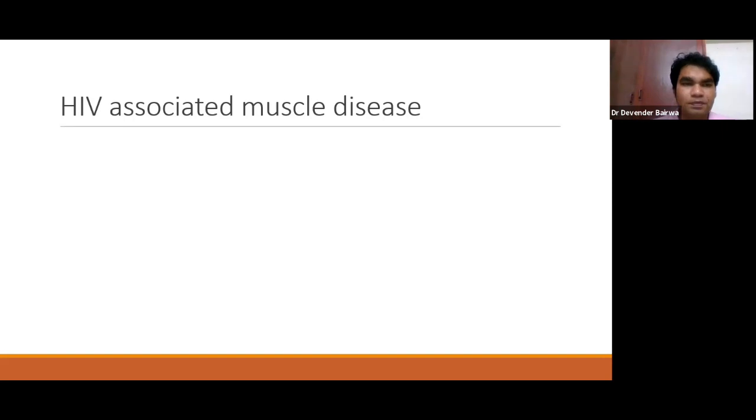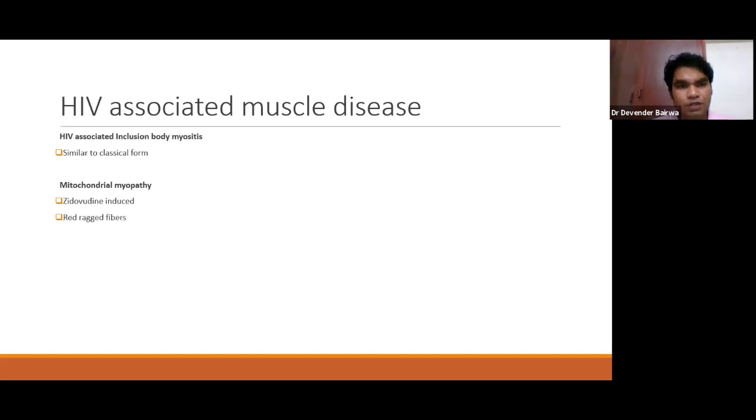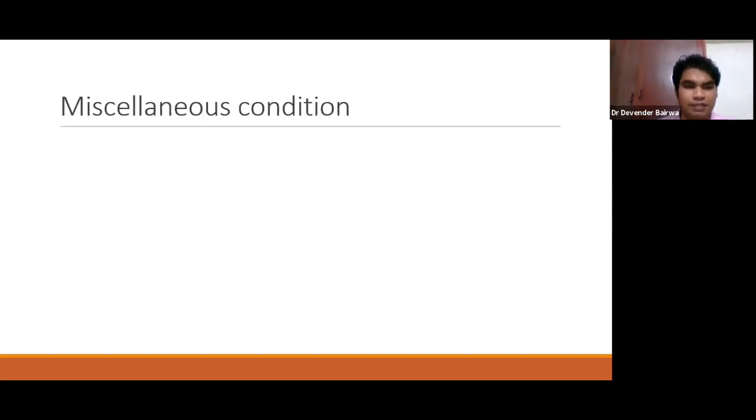Coming to HIV-associated inclusion body myositis, similar to the classic form. Mitochondrial myopathy is generally because of the zidovudine drug. Nowadays we are not using zidovudine, but earlier we used to use it. Generally, it is associated with the presence of ragged red fibers. Treatment was simple: stop the drug, and there is recovery. Or there can be rhabdomyolysis. It can be HIV-associated itself, or drug-induced, or occur at the end stage.